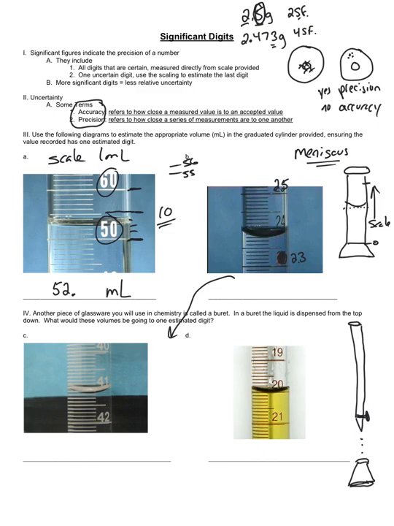If the meniscus was right on the 53 line, then I would say 53.0. But it's really close to it. I know it's more than halfway to the 53 mark, so maybe I would estimate 52.8 milliliters. If you had 52.9, if you had 52.5, I would give you credit for that because you've gone one beyond the scale.